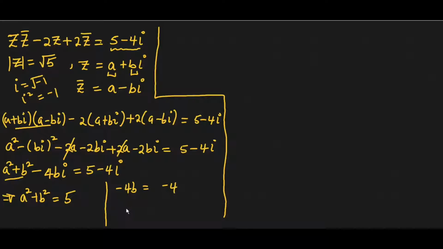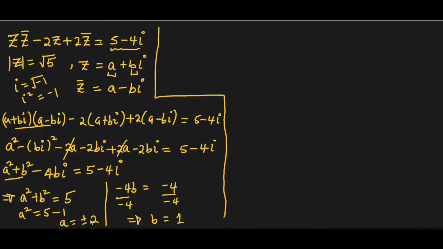And so from here, if you divide by minus 4 on both sides, this implies that b is equal to 1. If we substitute it back here, it means that we have a squared is equal to 5 minus 1 squared, which is 1, so a squared is 4, and then a is equal to plus or minus 2 if we take the square root.